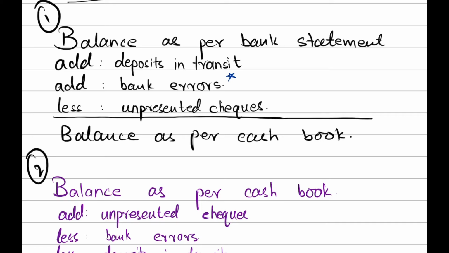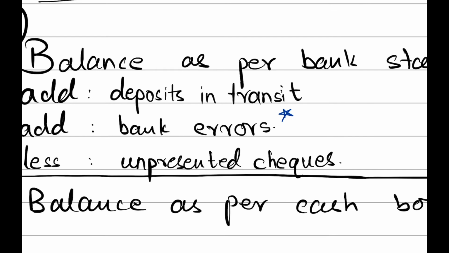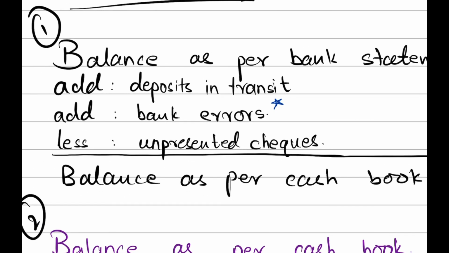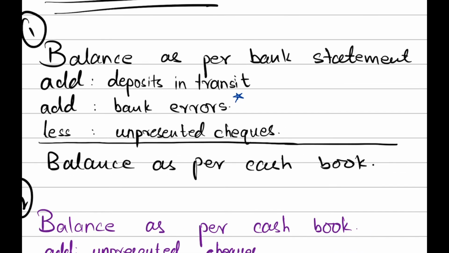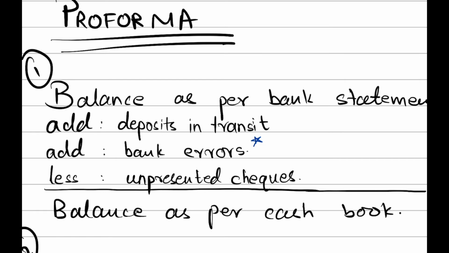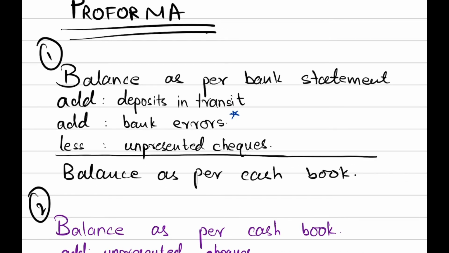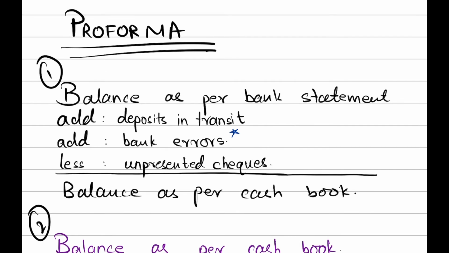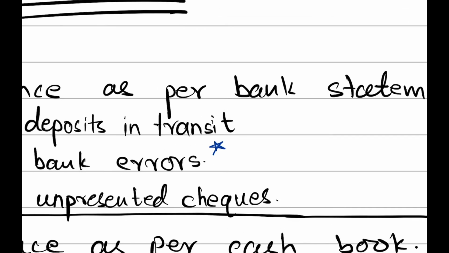The reason why we are adding the deposit in transit is that, you might remember I explained earlier, deposits in transit or uncredited deposits are basically when the firm has recorded that we have received this amount, but the bank statement has not yet recorded it because they have not processed it till now. So the bank statement is obviously less than the cash book balance due to this reason. So this is why we're going to add the deposit in transit.